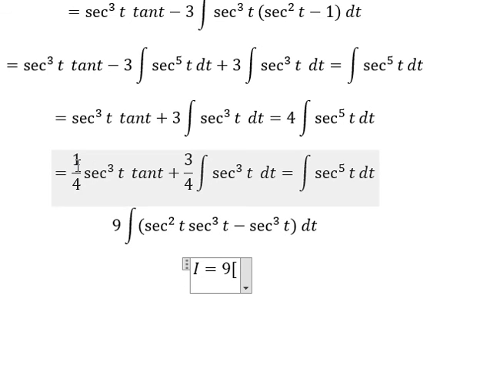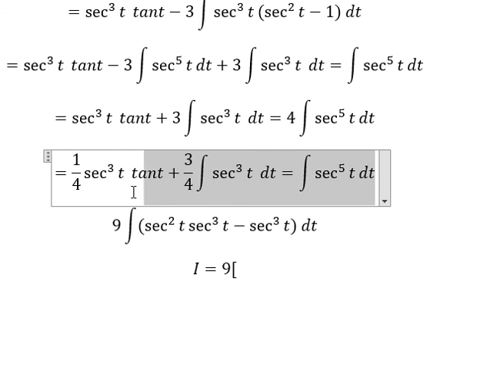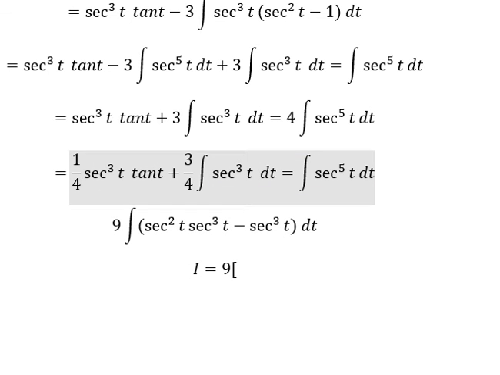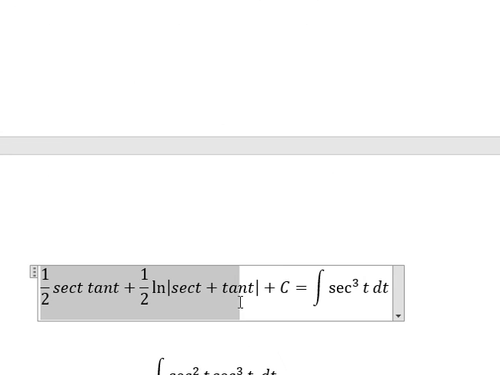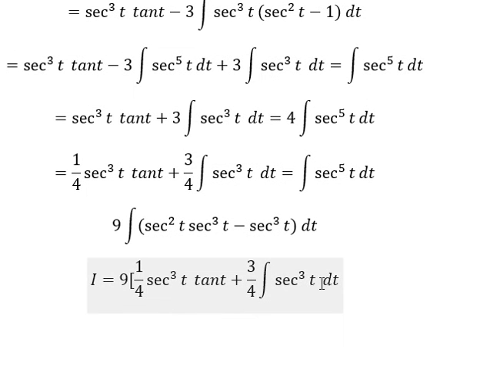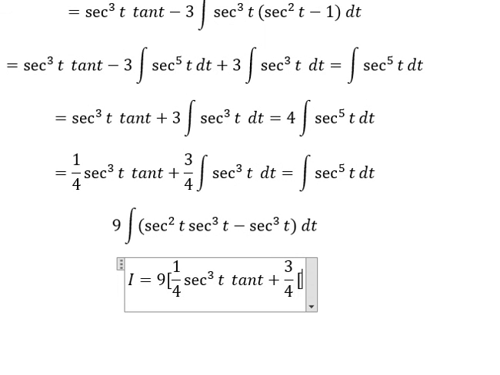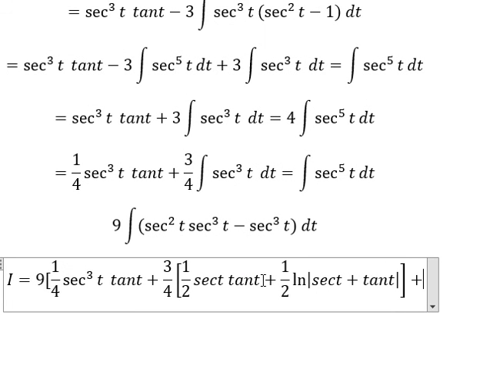About this one, that's this one. About this one, that's this one.